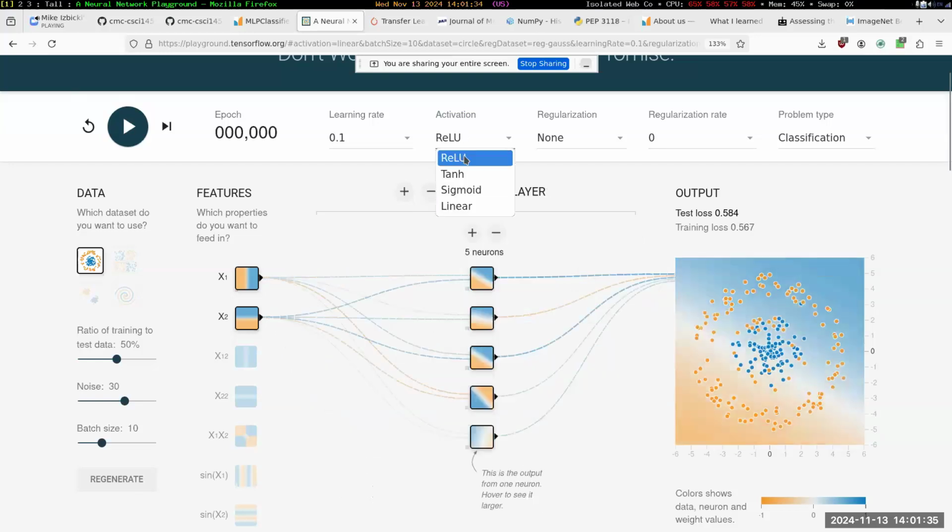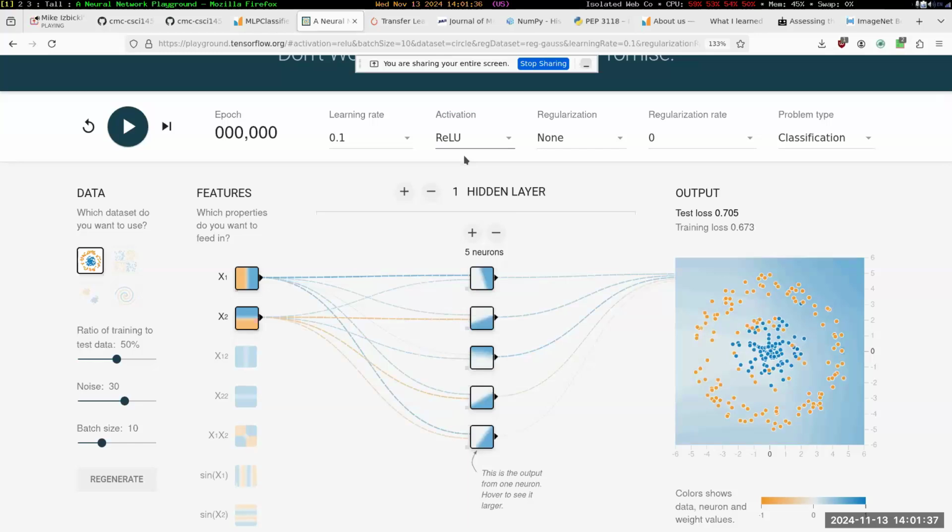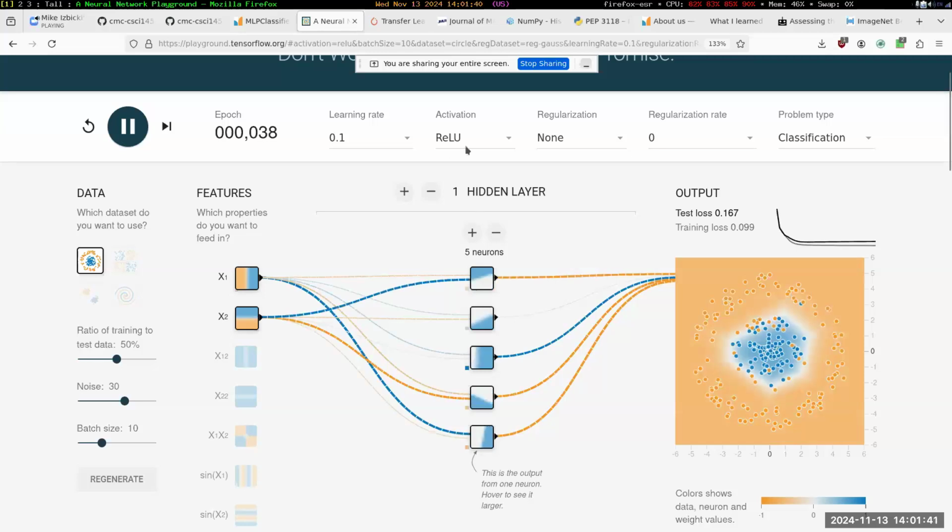The most common activation function to use these days for most tasks is this ReLU activation function. ReLU is equivalent to the hinge loss, so it's equivalent to doing an SVM at each individual step right here to learn this inside parameter. And it's common for being efficient to compute.